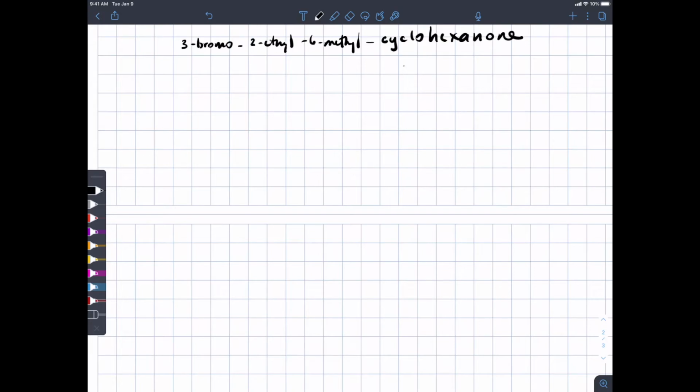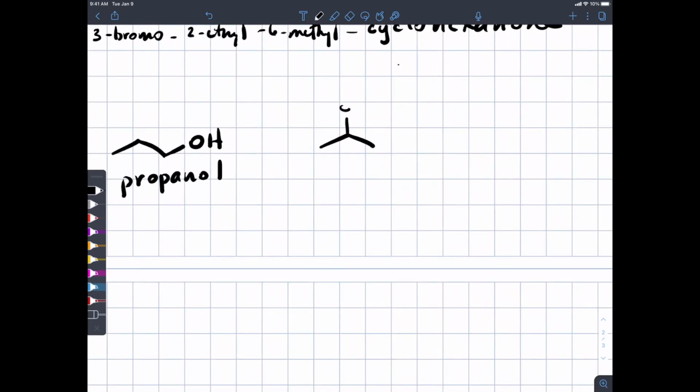So as an example, this group is propanol. But if we put the OH on carbon 2, we call that isopropanol. Isopropanol is rubbing alcohol, by the way.